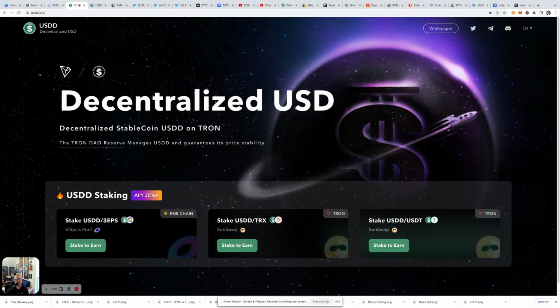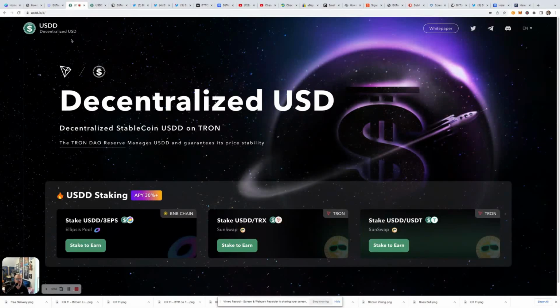And so here they're saying you can get APY of 30%. So that's even higher based on a stable coin. So if this protocol does indeed do what they say it does in the white paper, then potentially a game changer here for a decentralized stable coin, an algorithmic stable coin, right?